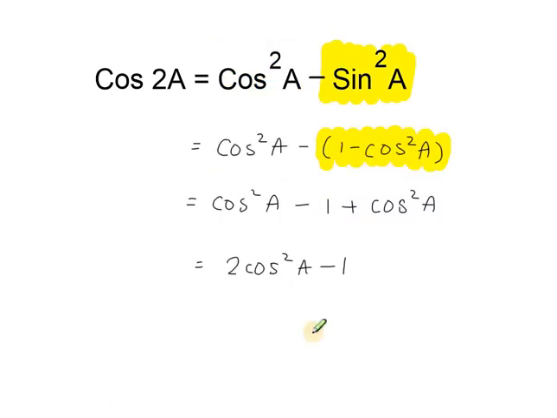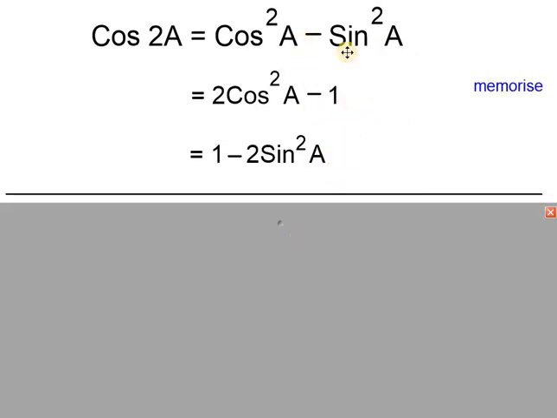And we can do something similar with the sine squared A term. So replacing it with 1 minus cos squared A, and we can simplify to cos 2A is equal to 2 cos squared A minus 1. So you have to memorize these 3 double angle identities for cos 2A.